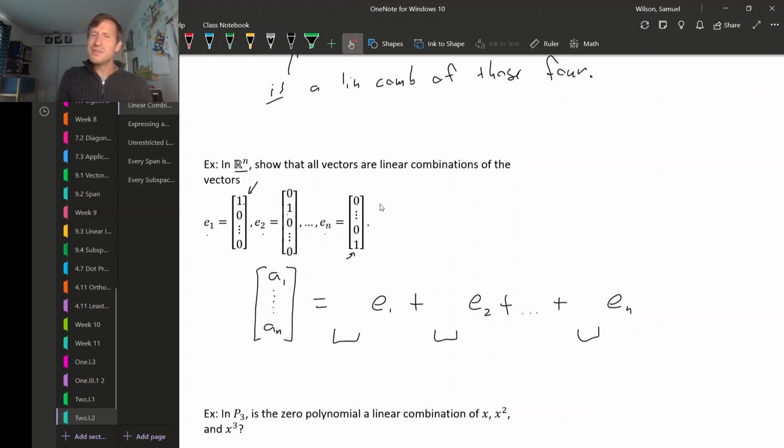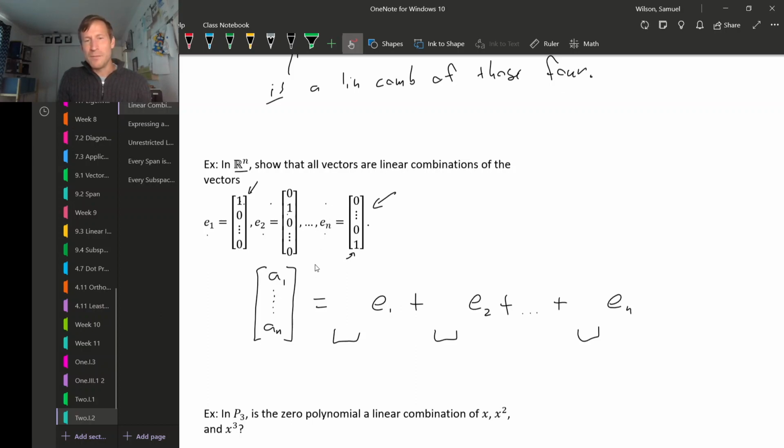Well, you know, this example is actually a lot like the previous example, except we have all our numbers written as columns instead of as a square matrix. But it's the same idea. There's a 1 only in one spot, and everything else is 0. Each one of these vectors only has one entry that is non-zero.